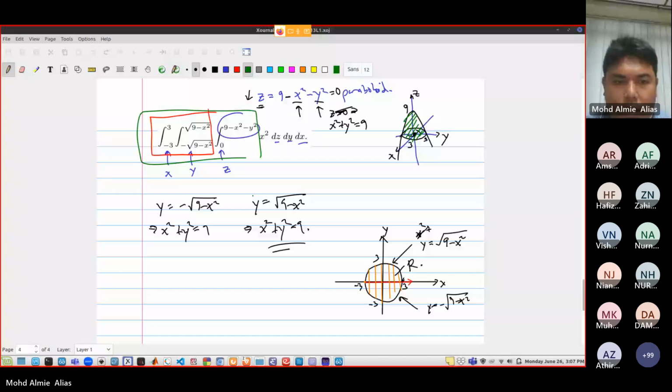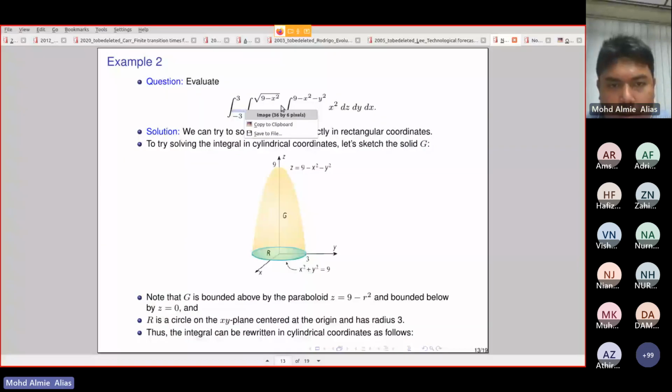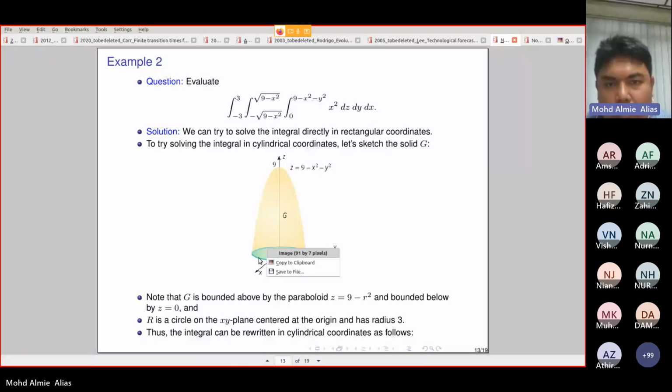Something like this. These two contribute to this, and this one contributes to the surface here, and this 0 contributes to the base.